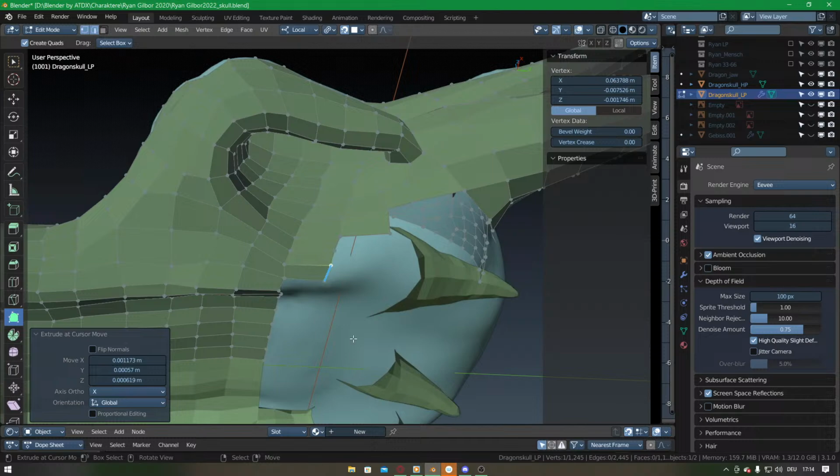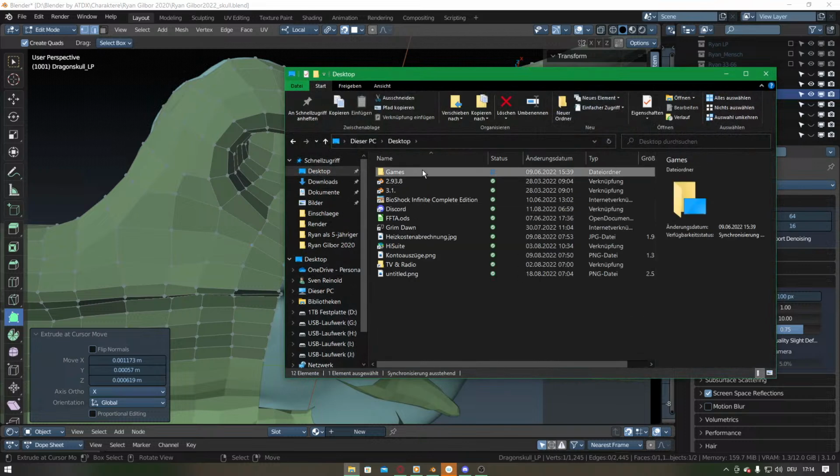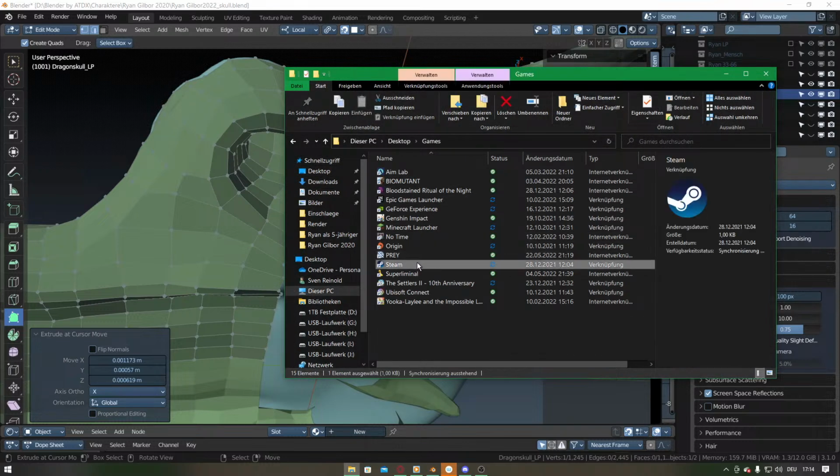My Steam, hold on. Desktop, games, Steam.